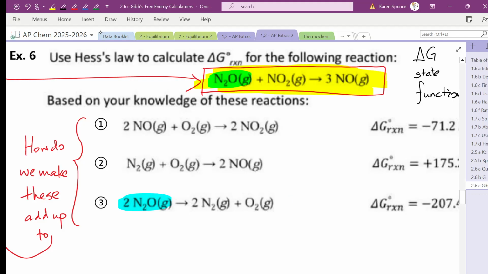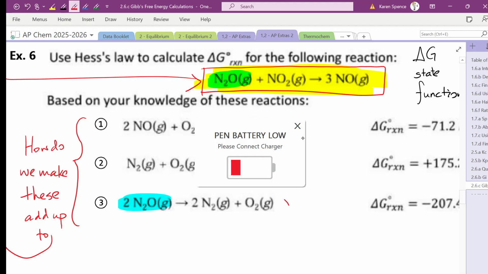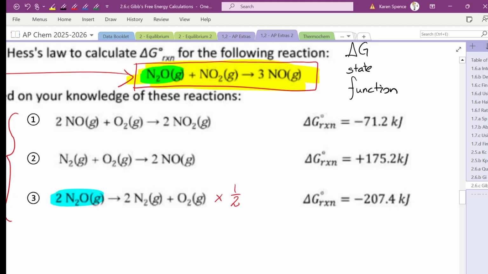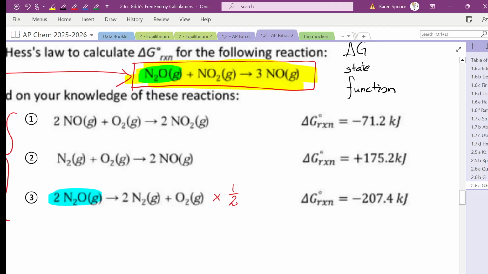But I'm going to multiply by a half. And if we multiply the equation by 1/2, what are we going to do to its delta G? We're going to multiply by half, okay?